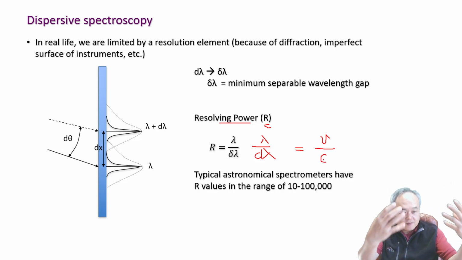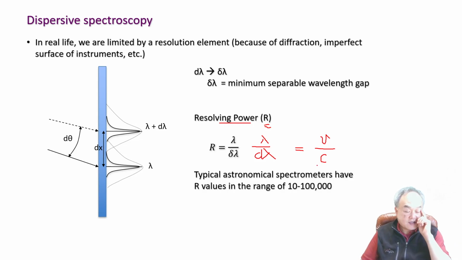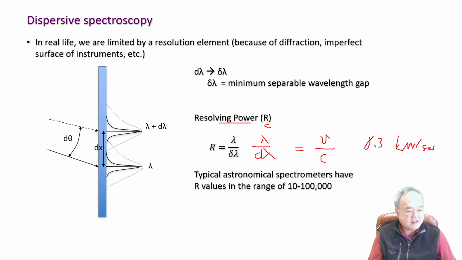is related to the velocity of the object divided by the speed of light. Compared to the speed of light, which is 300,000 kilometers per second, you want to measure, for example, 0.3 kilometers per second precision for the velocity.